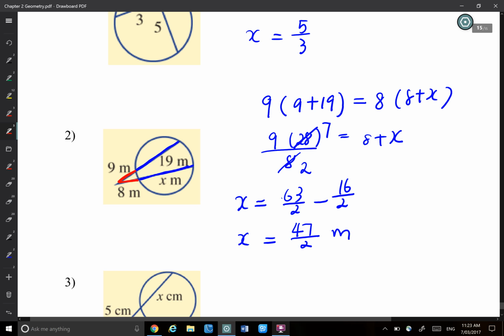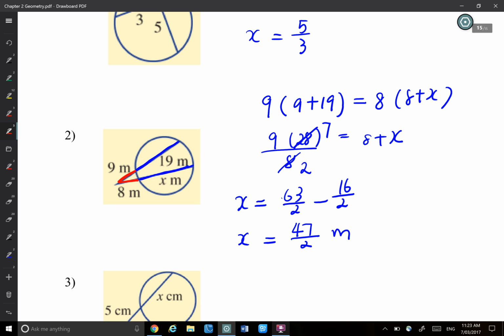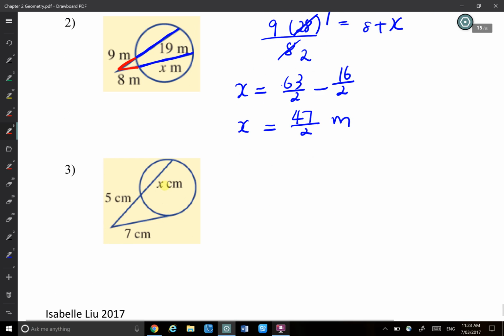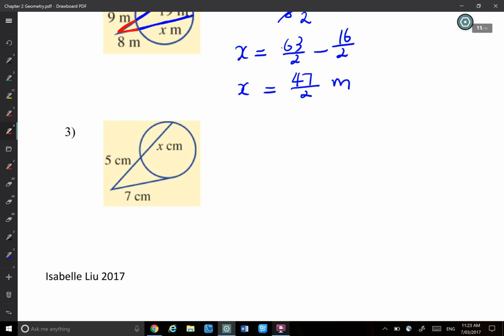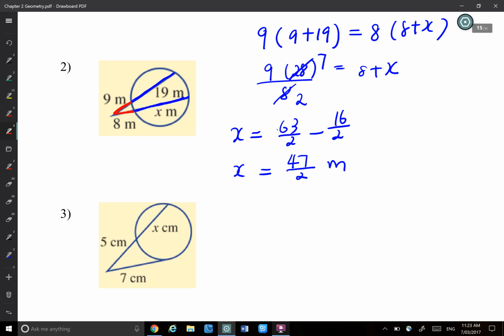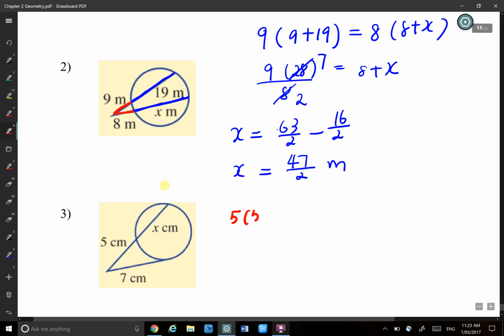Any questions? No? And the third one is the tangent intersects with the chord outside. Okay, outside. If still outside, you use the outside bit times the whole thing equals to 7 times 7.